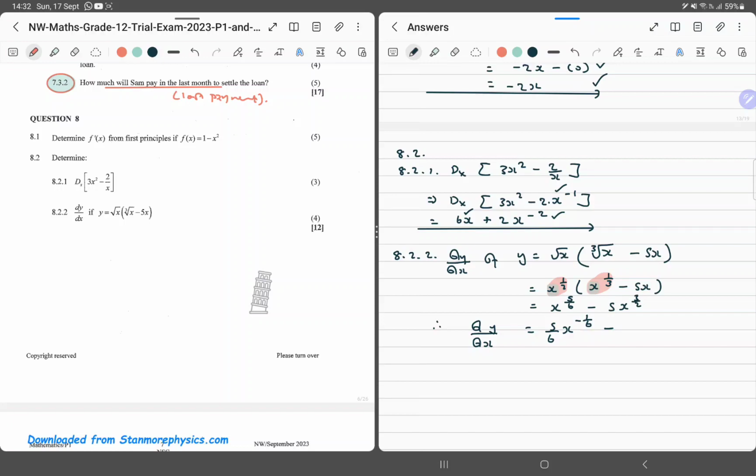Minus, this one is going to be 15 over 2 x to the exponent a half.